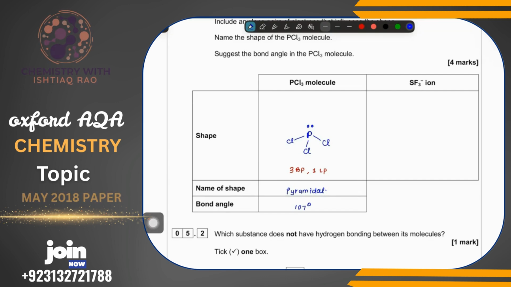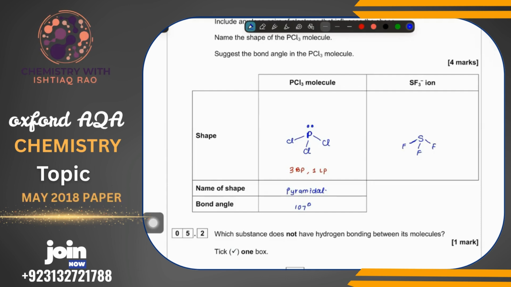It's talking about SF3 minus, right? In which group is sulfur present? Sulfur is in group 6. So it has three fluorine atoms, and it has used three electrons with fluorine.